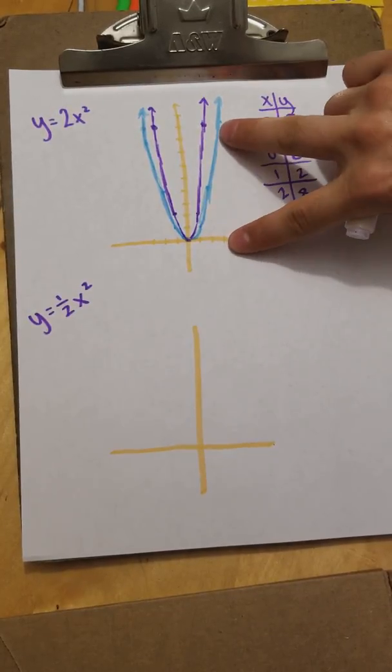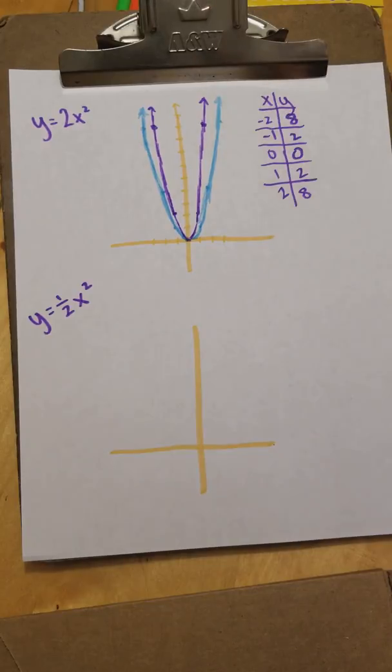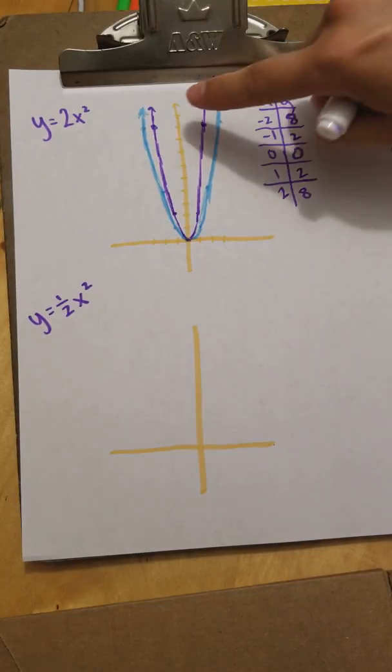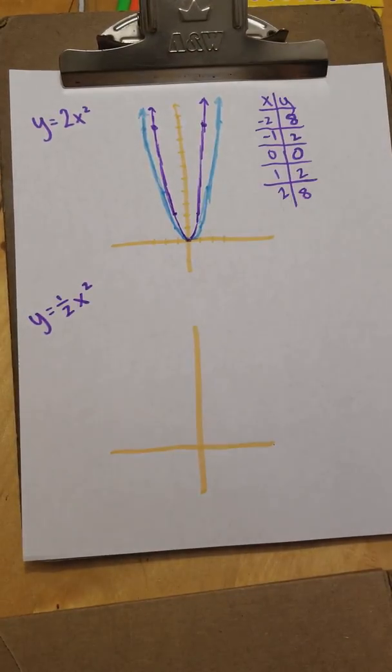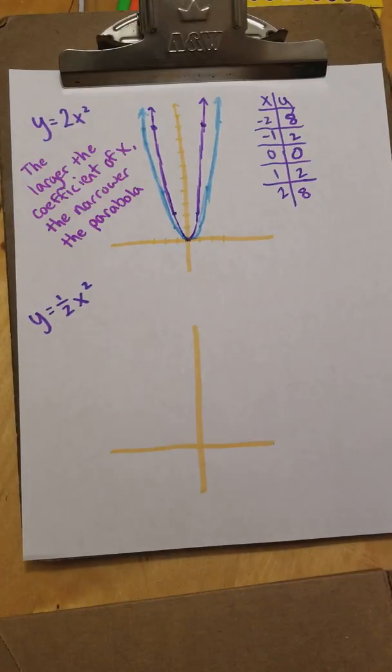The point at 3, which is 9, will double to 18. And overall, this makes our graph narrower as it has to stretch farther up. So it's a little bit sharper, steeper, narrower. So the larger the coefficient of x squared, the narrower the parabola will be.